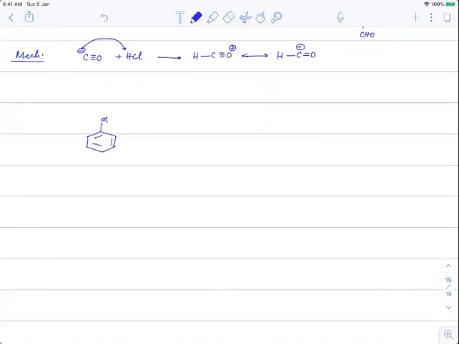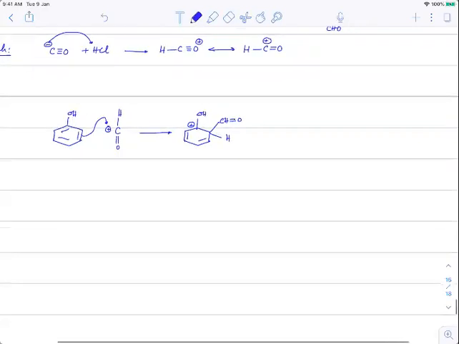So if I take phenol, and then you have C double bond OH, positive charge on it, this will attack here. It would make this reaction go as OH, CH double bond O, and H, getting positive charge here. Cl minus will remove this H plus, retaining the aromaticity. So we'll get this as OH and CHO.